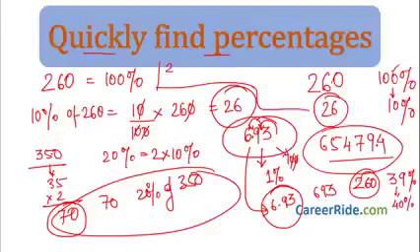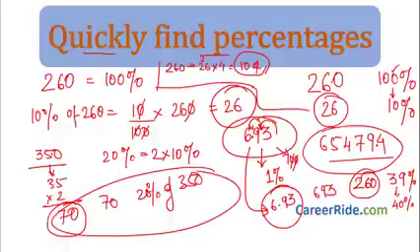So 260. We want 40%. How to calculate 40%? First calculate 10%. 10% of 260 is 26. Multiply by 4. 4 sixes are 24, 4 twos are 8, 104. That is nothing but 40% of 260.